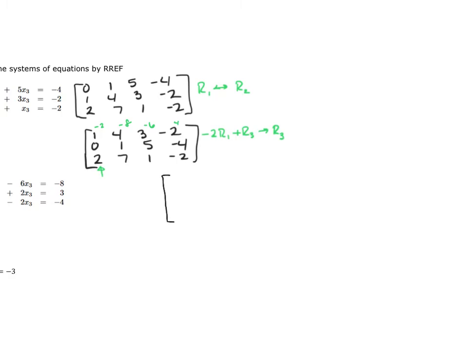So then this becomes 1, 4, 3, negative 2, 0, 1, 5, and negative 4. And then I'm going to do this addition, and I get 0, negative 1, negative 5, and 2.